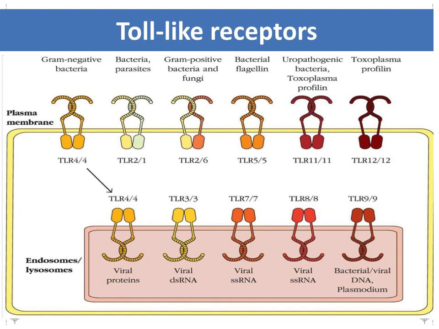TLR5 can recognize bacterial flagellin. TLR2 and 6 can recognize components of gram-positive bacteria and fungi. Those that are found on the endosome can recognize viral double-stranded RNA, single-stranded RNA, viral proteins, as well as bacterial or viral DNA.